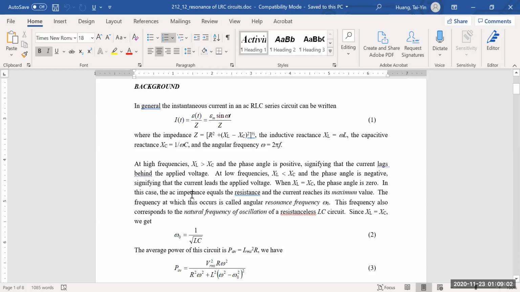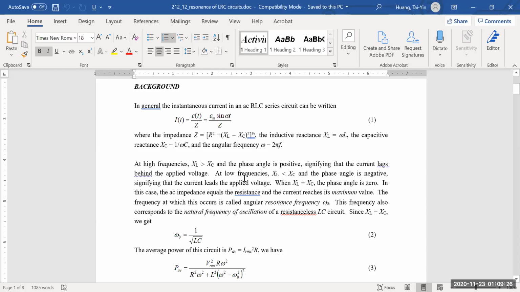The impedance is equal to the resistance of the resistor. In that case, Z is the smallest value it can attain, because these two just cancel each other. When Z is as small as possible, equal to R, your current will become a maximum value.